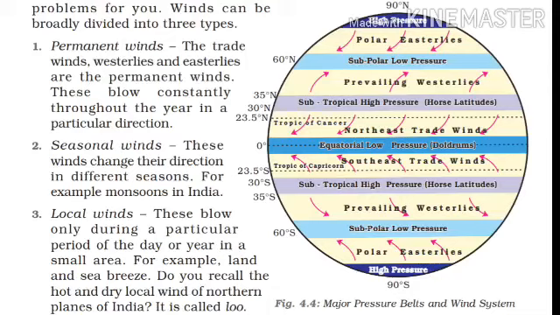They are called westerlies as they blow from a somewhat westerly direction in both hemispheres. The westerlies blow from the southwest in the northern hemisphere and from the northwest in the southern hemisphere.